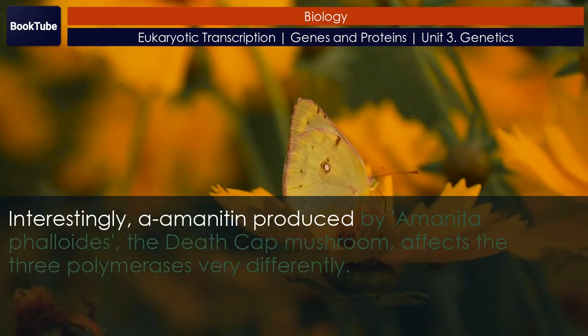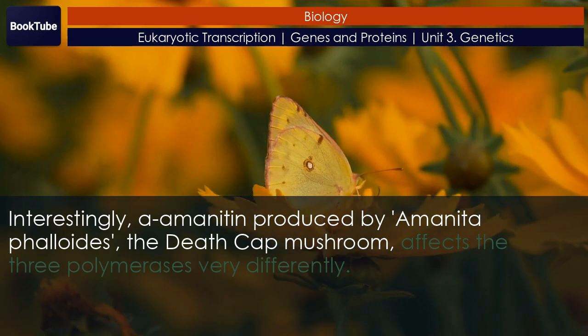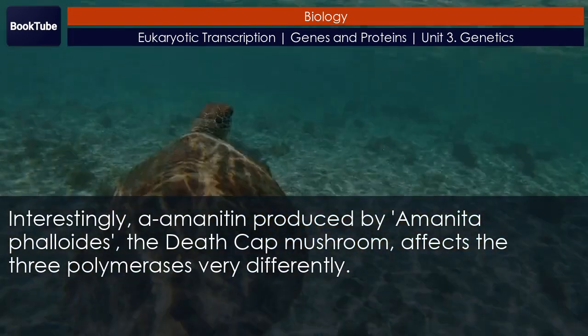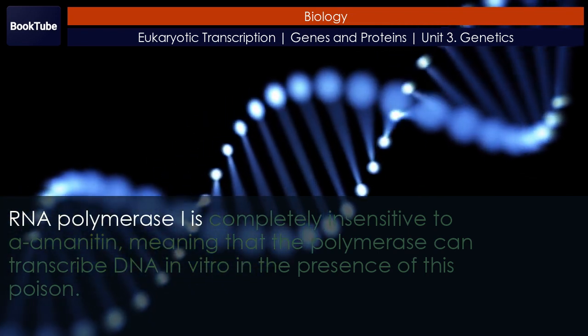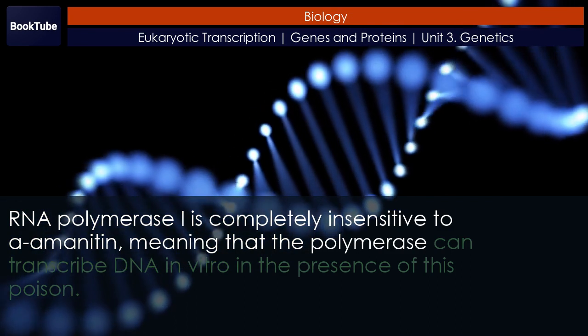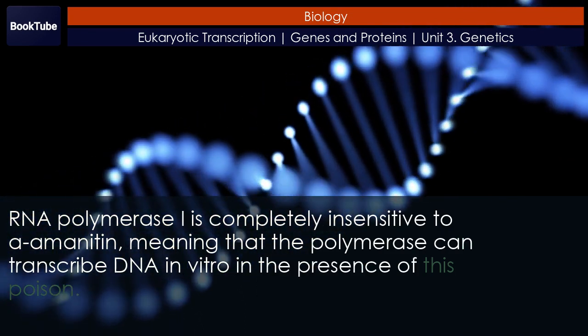Interestingly, alpha-amanitin, produced by Amanita phalloides, the death cap mushroom, affects the 3 polymerases very differently. RNA polymerase I is completely insensitive to alpha-amanitin, meaning that the polymerase can transcribe DNA in vitro in the presence of this poison.